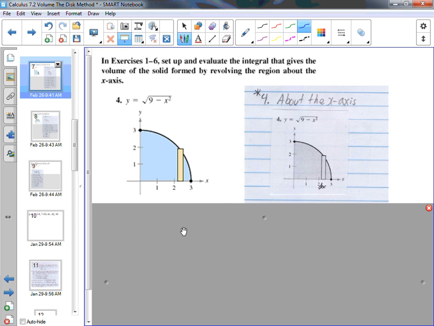All right, the first thing I decide once I've got it drawn, draw in a rectangle that's perpendicular to your axis of revolution. And figure out whether the width of that rectangle is a dx or a dy. It'll be one or the other. There's no other choices. So this one's a dx. That means the height of the disk that's going to be formed when this thing gets revolved is going to be dx.